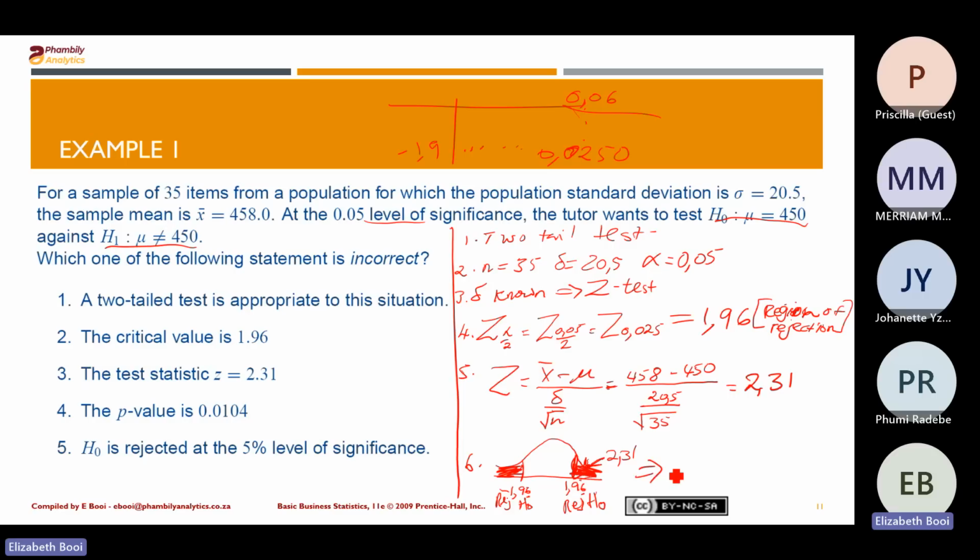Therefore, we make our conclusion: since the Z stat of 2,31 is greater than the Z alpha divided by 2 of 1,96, we reject the null hypothesis at alpha of 0,05 and conclude that the population mean is not equal to 450.